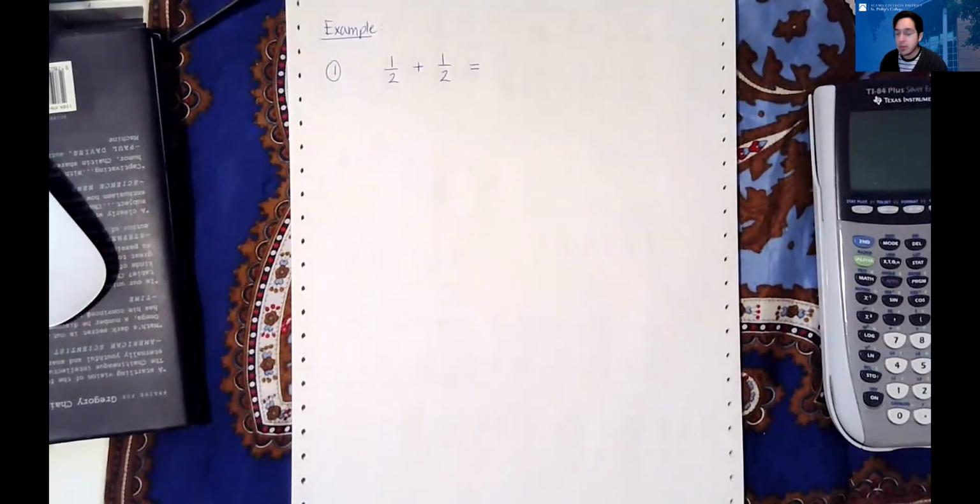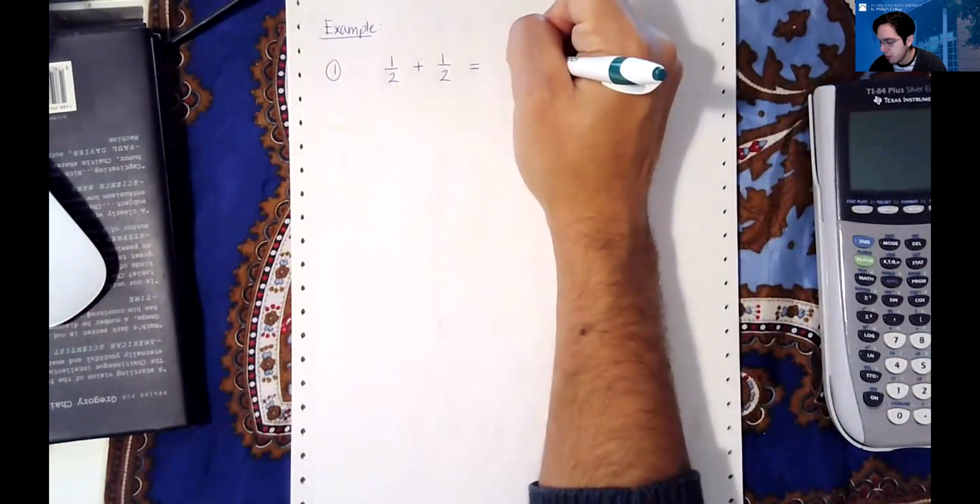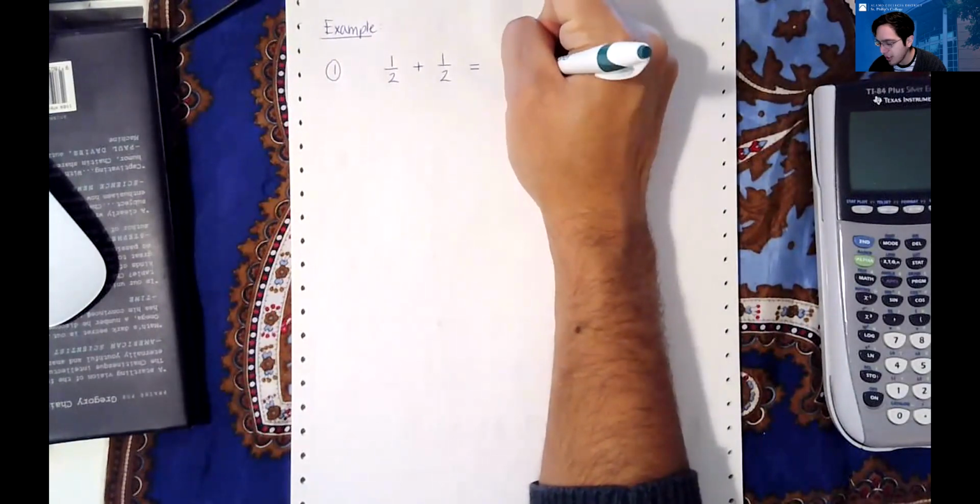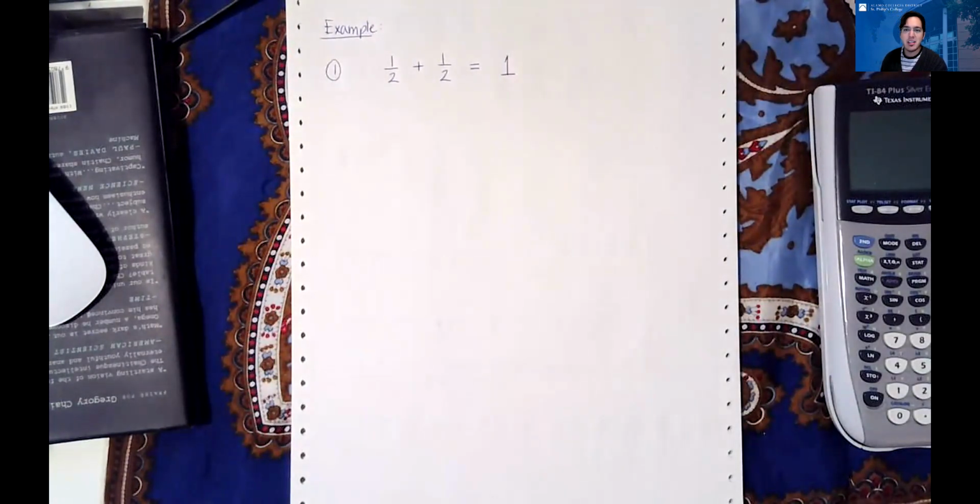Yeah, we should get 1 whole, or just the whole number 1. That should make sense if you can interpret 1/2 correctly, right? Like if we had 1/2 of a pizza and we had 1/2 of another pizza, we could say that we have 1 whole pizza, right? That makes intuitive sense.